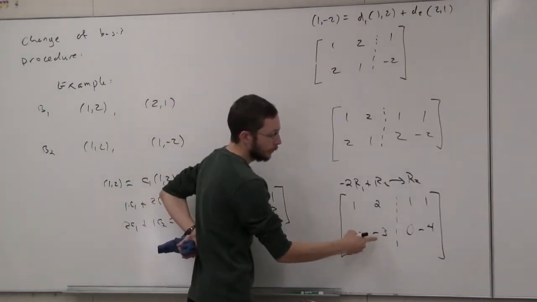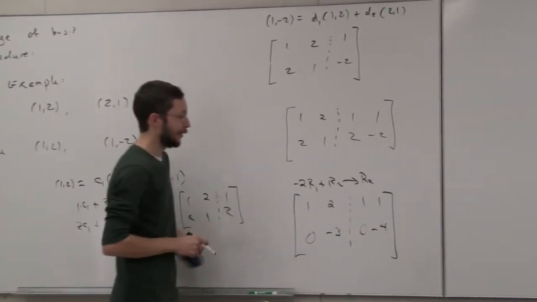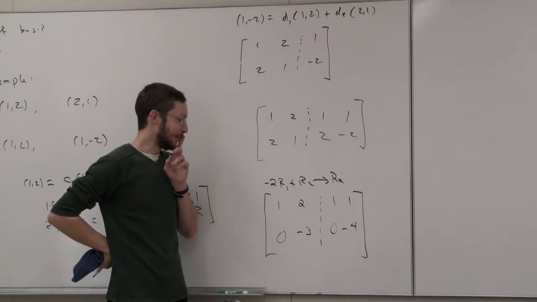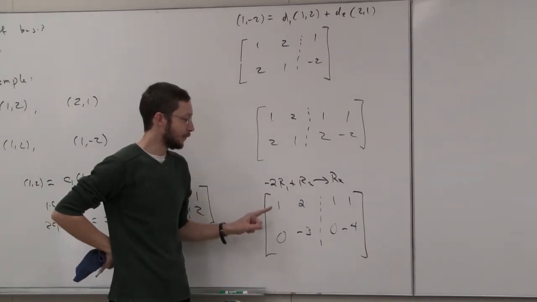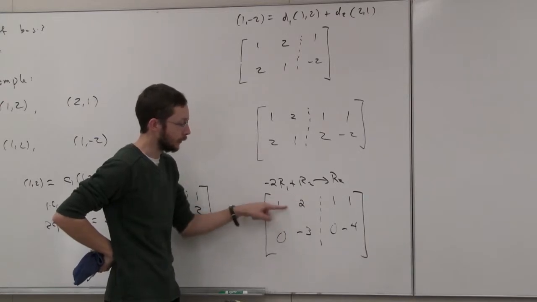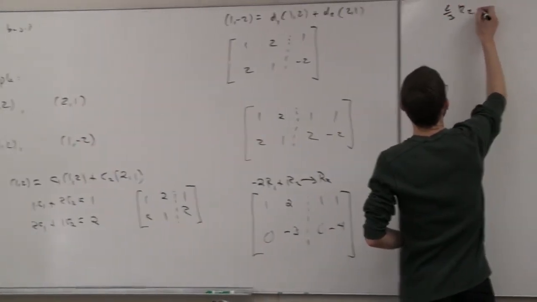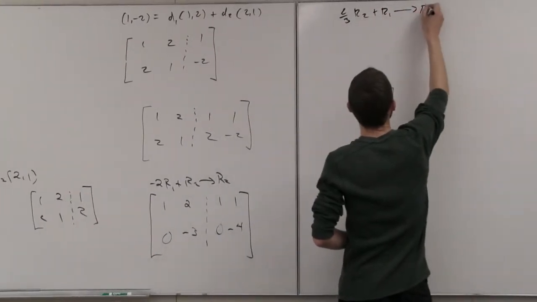We can then take 2/3 of this plus that, and that'll generate a 0 here. So we'll take 2/3 row 2 plus row 1 into row 1.